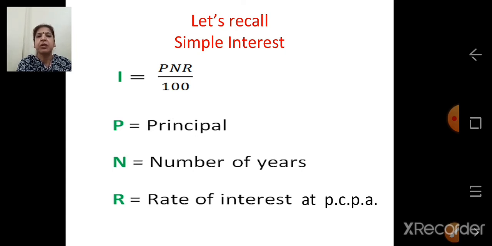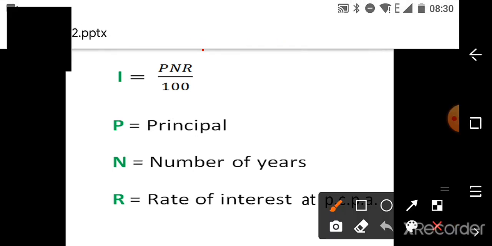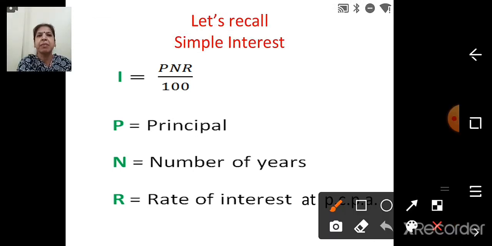Now, the two types of interest. First one is simple interest. As the name indicates, simple interest is easy to calculate. The formula for simple interest is PNR upon 100. P stands for principal, the amount which we borrow or the amount which is deposited.